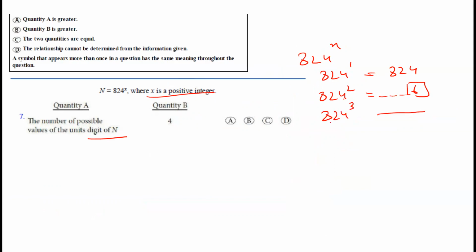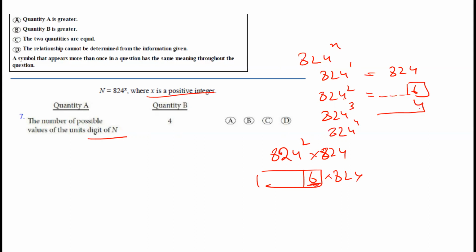The unit digit of the square is 6, so 6 fours are 24. Again, the unit digit would be 4.